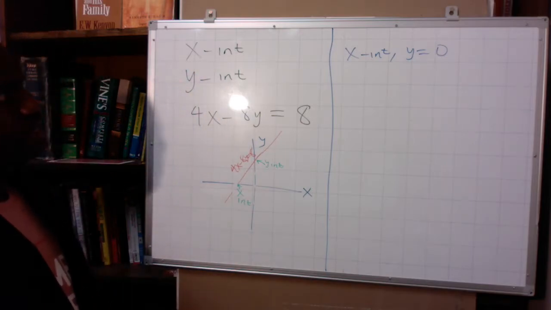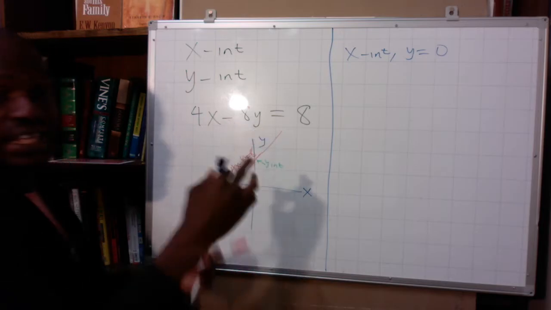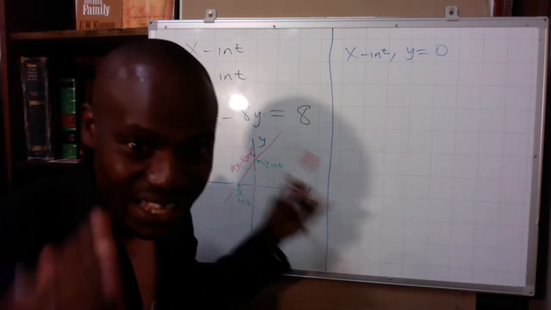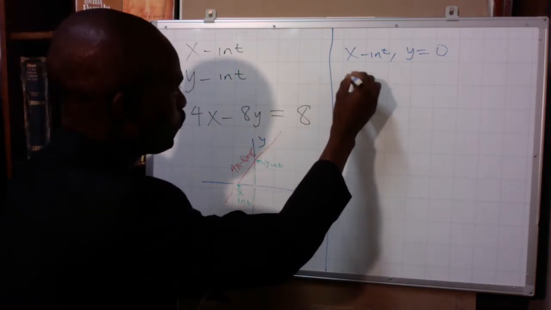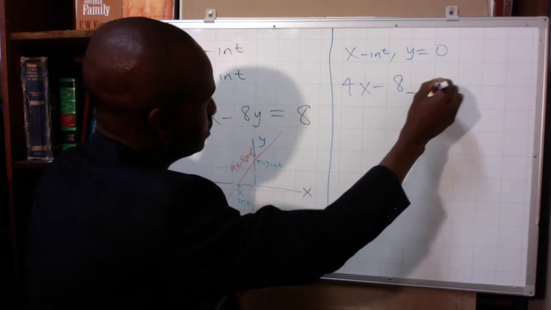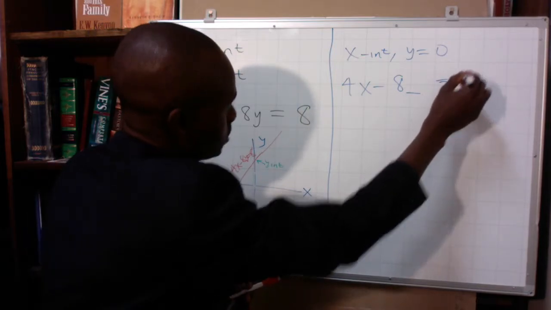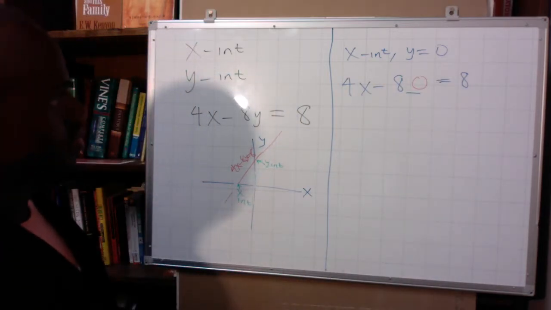So what that means is that if we plug in y equal to 0 into this equation and solve, ta-da! We get the x-intercept. So let's do that. In the equation 4x minus 8y equal to 8, we plug in 0 for y.